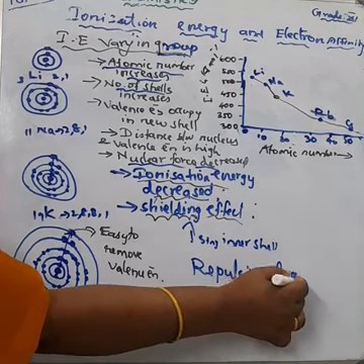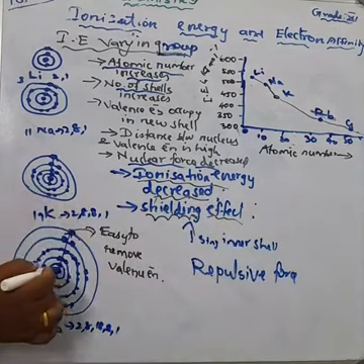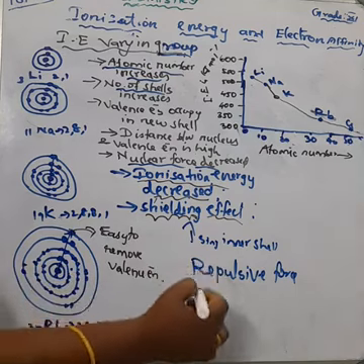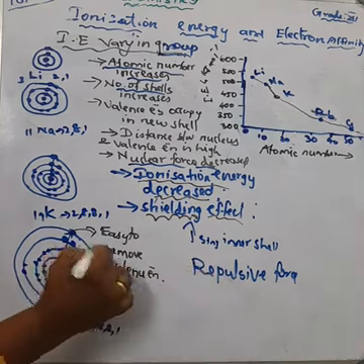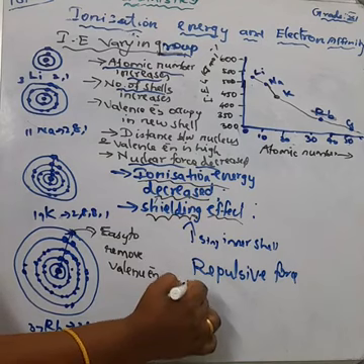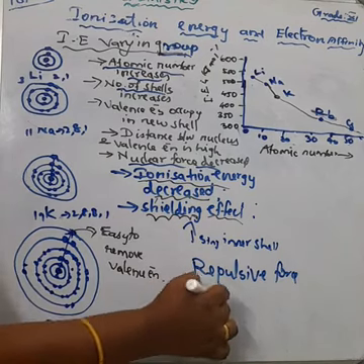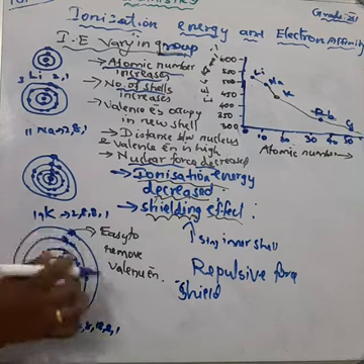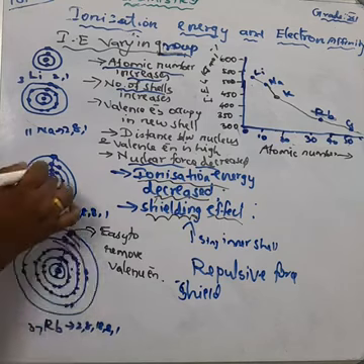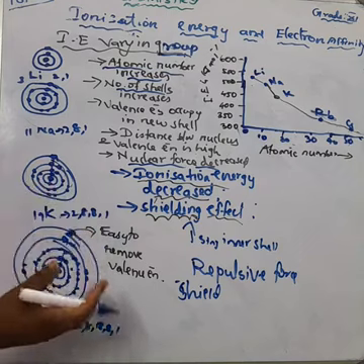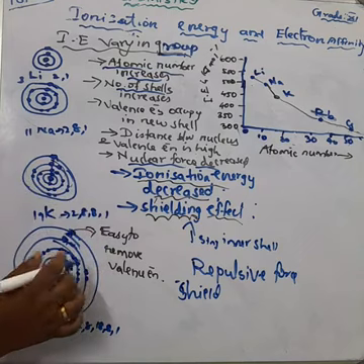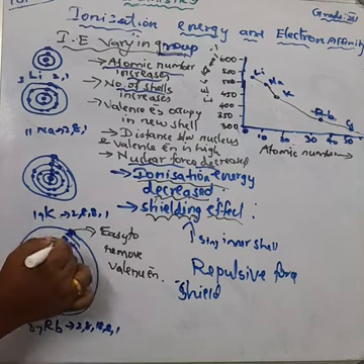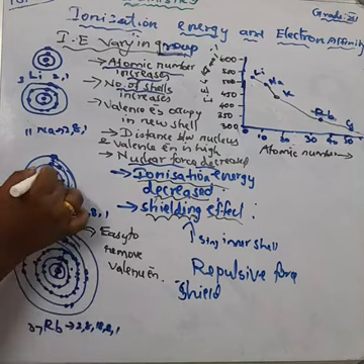Because of this repulsive force, the inner shell electrons act as a shield. Because of this, the attractive force between the nucleus and the outer valence electron will be low. As the number of inner shells increases, the repulsive force exerted by them on the valence electron increases.